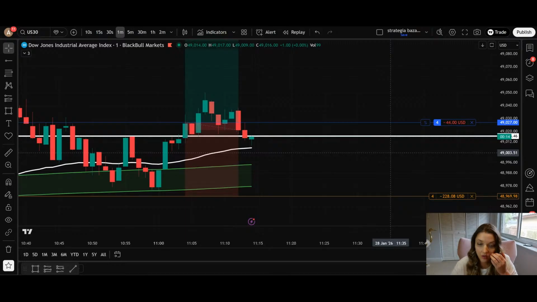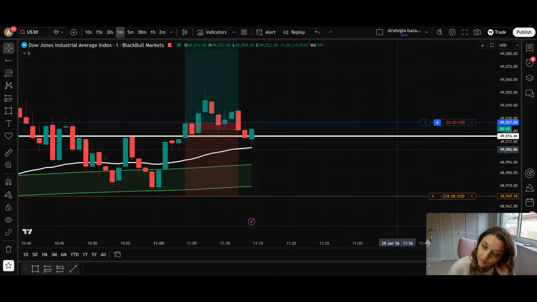It's usually 0.5% or 1%. It can be less than that. I usually risk 250 just because it's a number that I feel comfortable with.